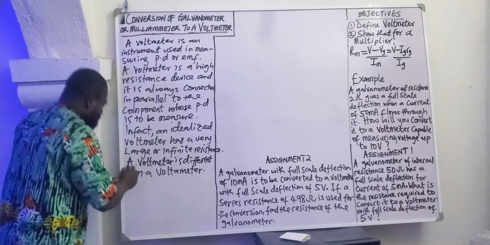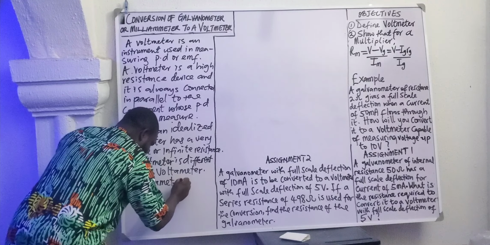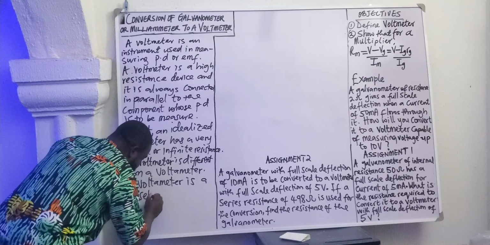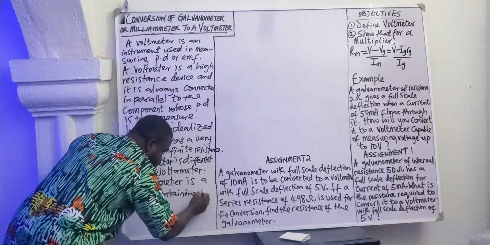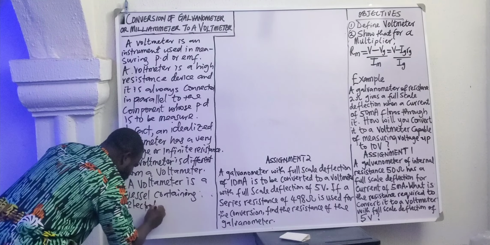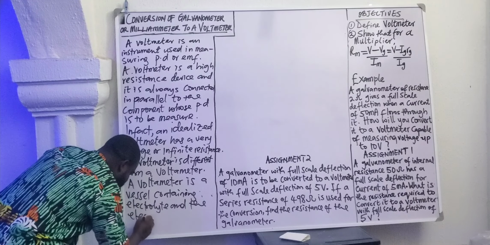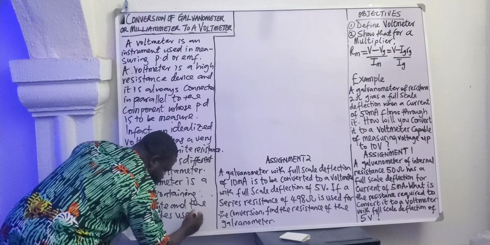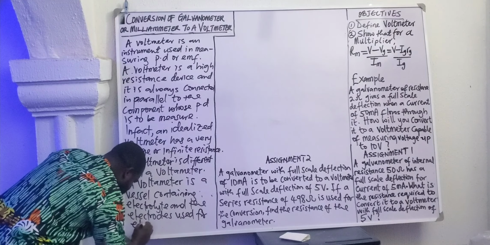And what is a voltameter? A voltameter is a vessel containing electrolyte and the electrodes used for electrolysis.